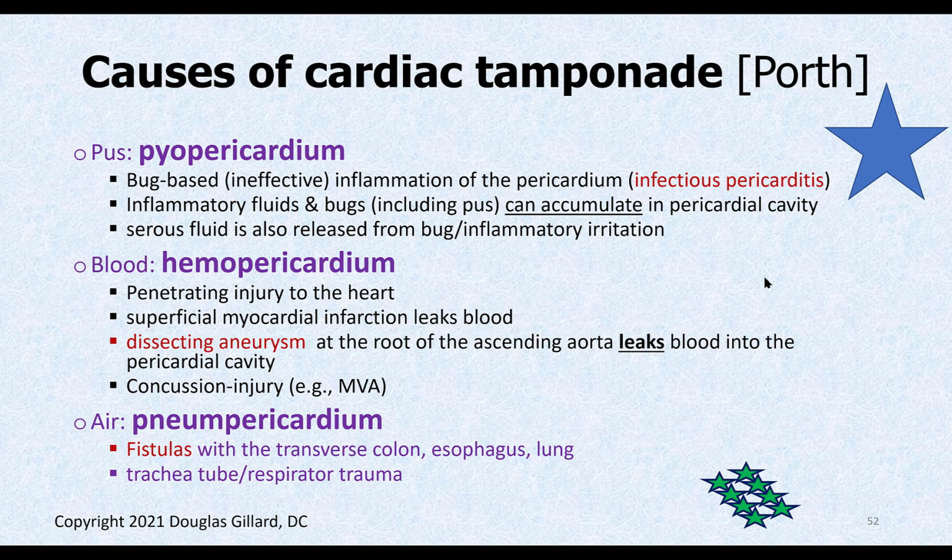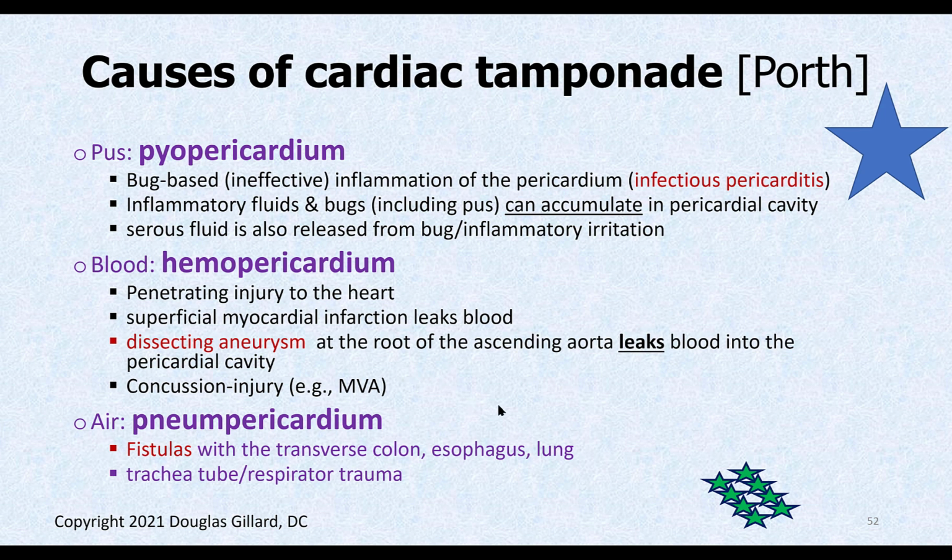Blood from a DeBakey 2 aneurysm can do it. Or from a stabbing injury to the heart. Or a motor vehicle accident where you get a concussion injury and you rip the descending or ascending aorta and it bleeds.